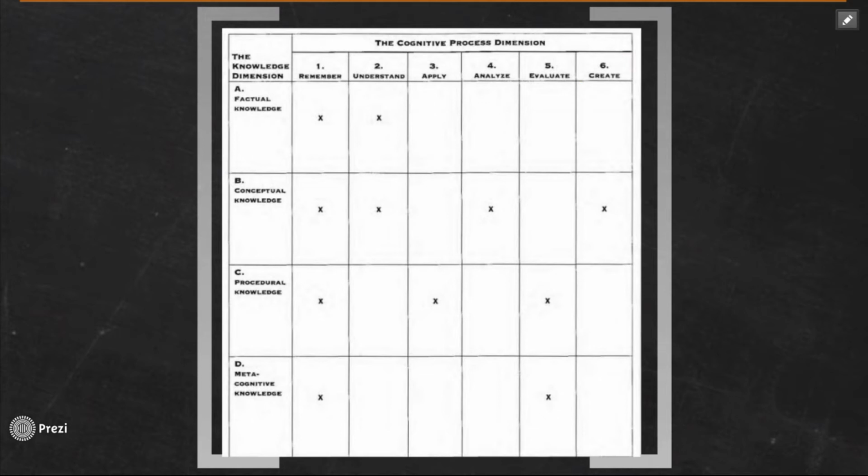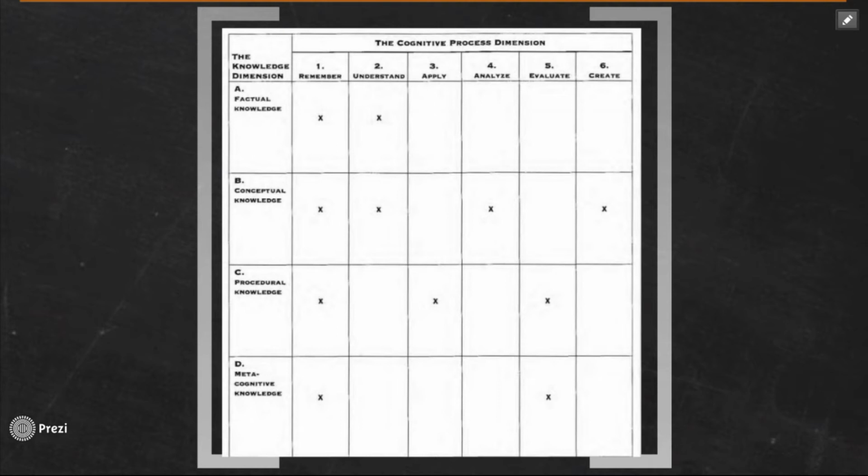And we can see from the table in the knowledge dimension there is factual knowledge and then conceptual knowledge and procedural knowledge and then the metacognitive knowledge.